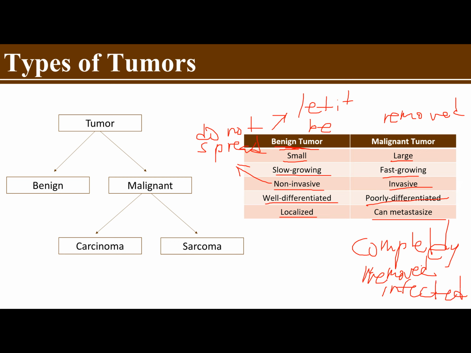Why? Remember, class, even if a small amount of the tumor remains, it can easily spread to other organs. That's the problem with your malignant tumors. They can metastasize and they are very invasive. And malignant tumors are divided further into carcinoma and sarcoma.